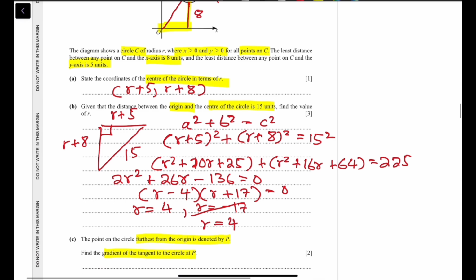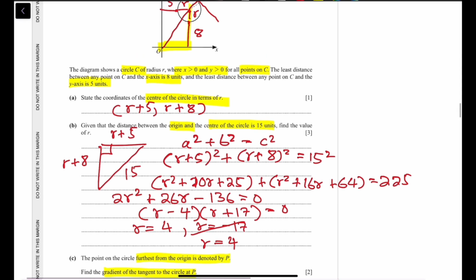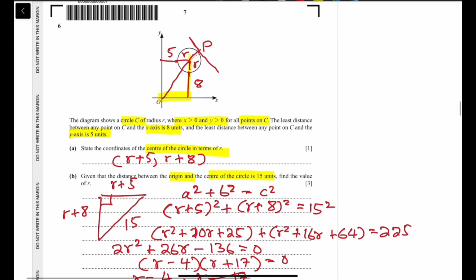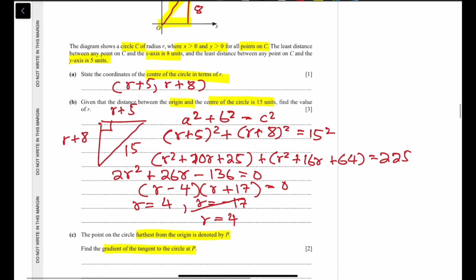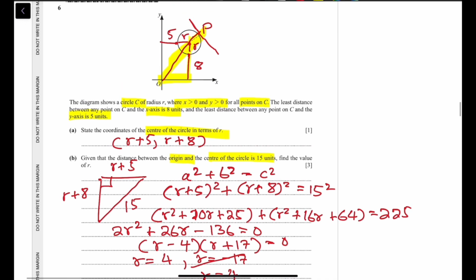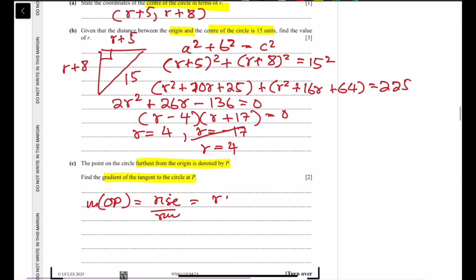So to find the gradient of the tangent, what we can do is find the gradient of OP and then take the reciprocal of that. The gradient of OP is equal to rise over run, so our rise is r plus 8 over our run, which is r plus 5.